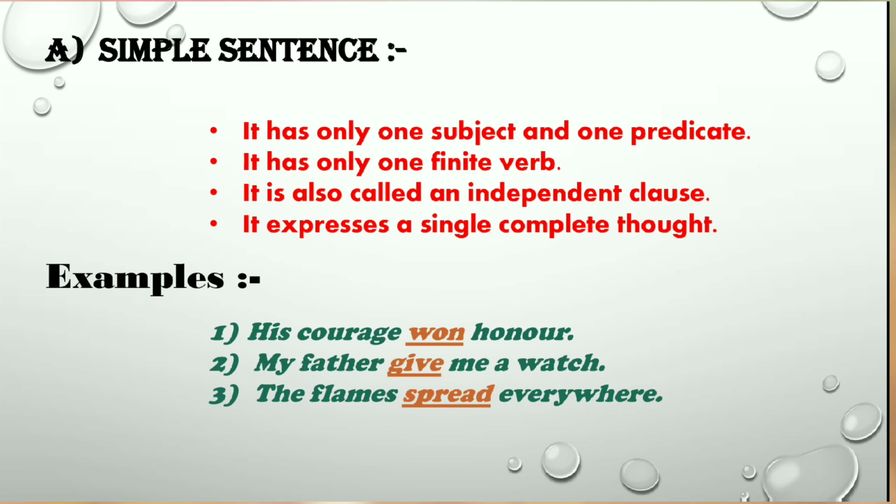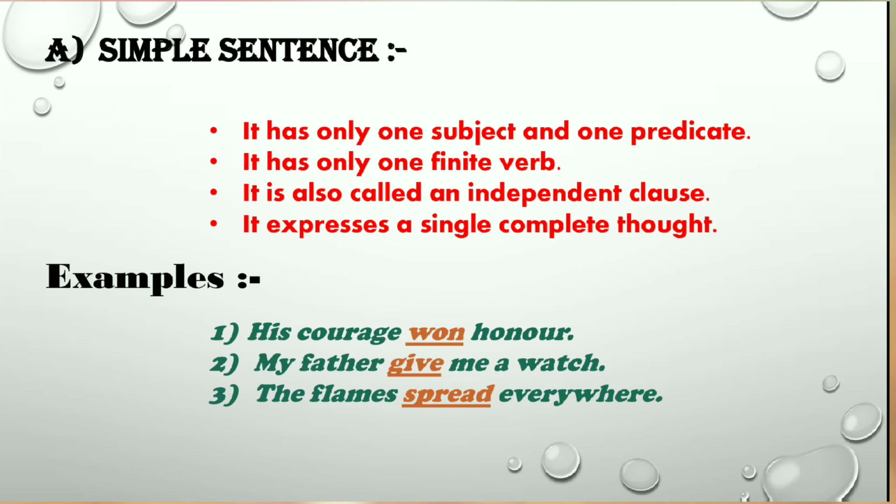Now in the second sentence, my father gave me a watch. Here, my father is the subject, gave me a watch is the predicate. Gave is the finite verb. Now look at the last sentence. The flames spread everywhere. In this sentence, the flames is the subject, spread everywhere is the predicate.